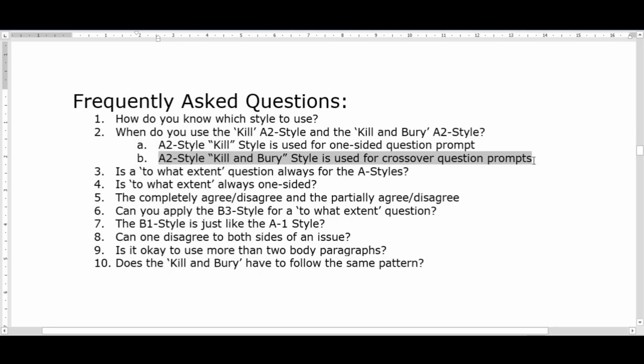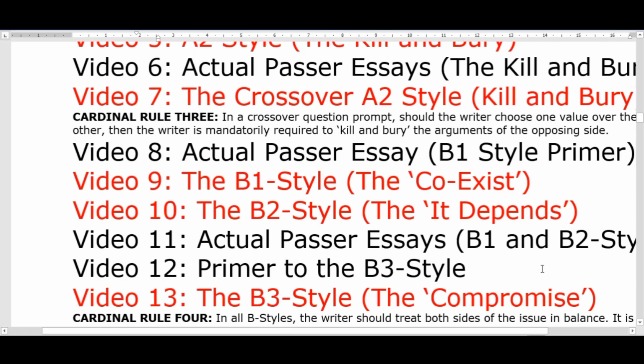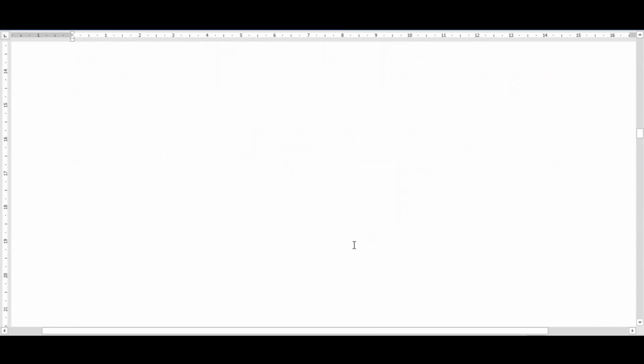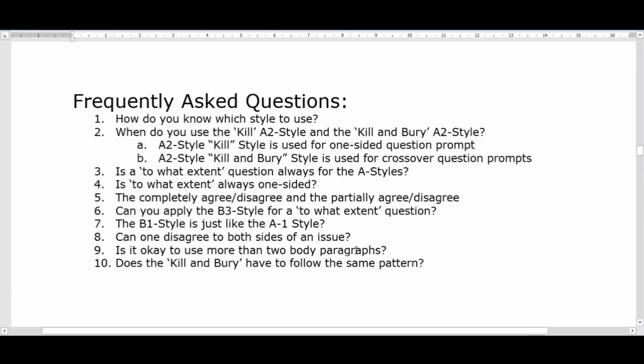In order to find out what that means, you'll just have to go back to video number 5, where we talked about the A2 style, the kill and bury. This is really a to what extent question that is actually a crossover.